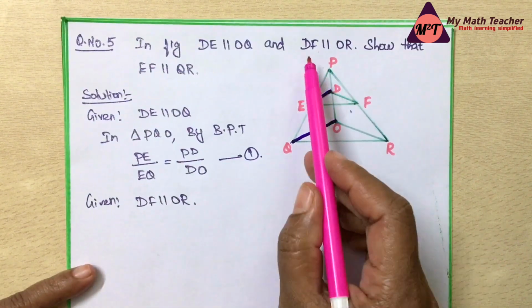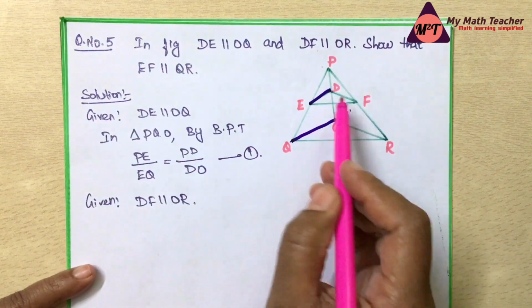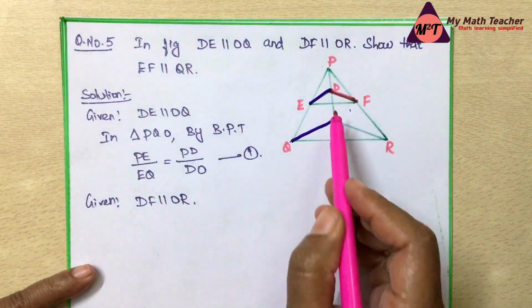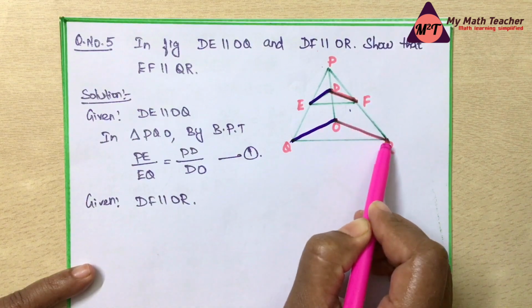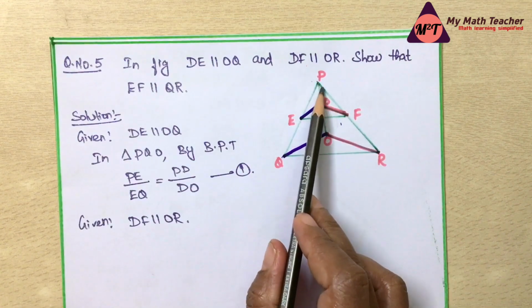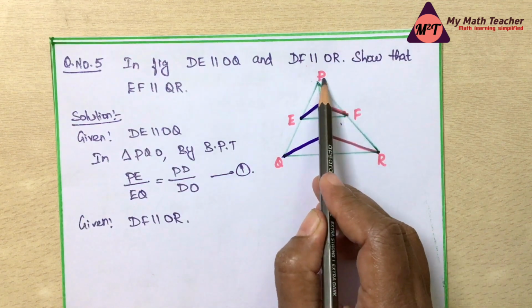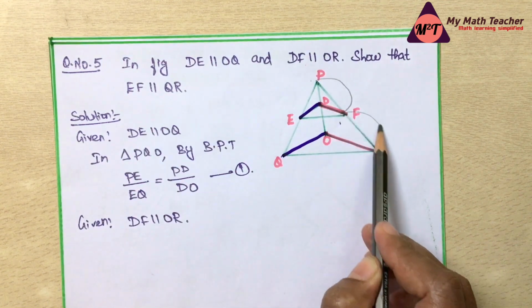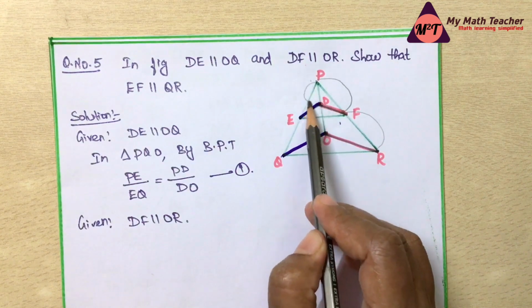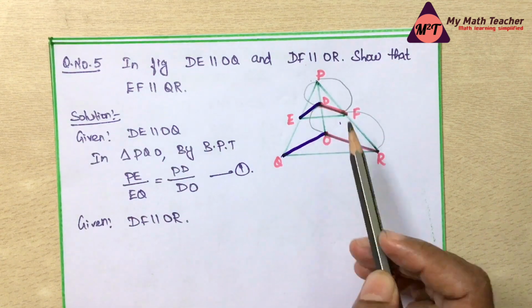The next given is DF is parallel to OR. This line segment DF is parallel to OR. Now we can see the triangle is very clear, PRO. By the basic proportionality theorem, we can say PF divided by FR is equal to PD divided by DO.